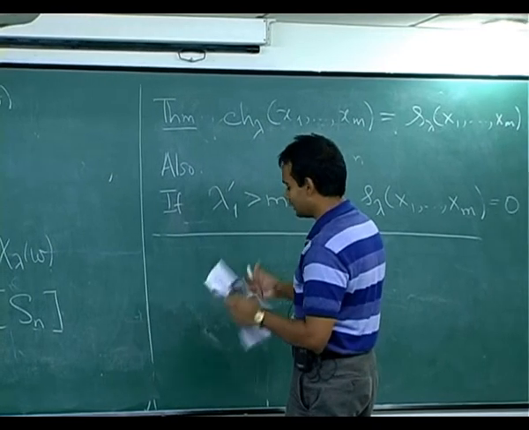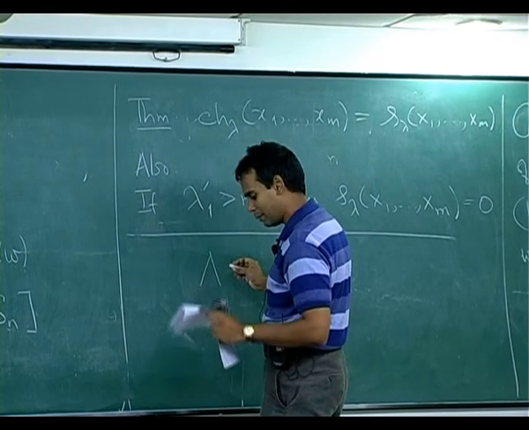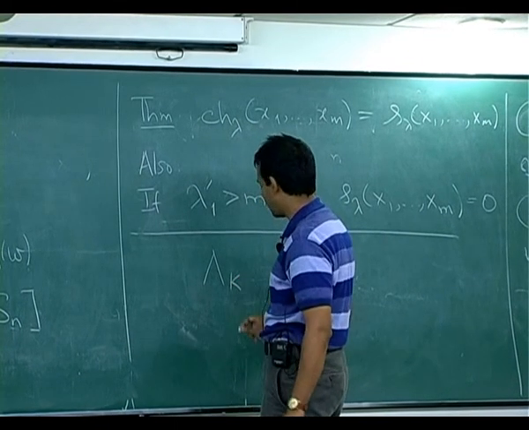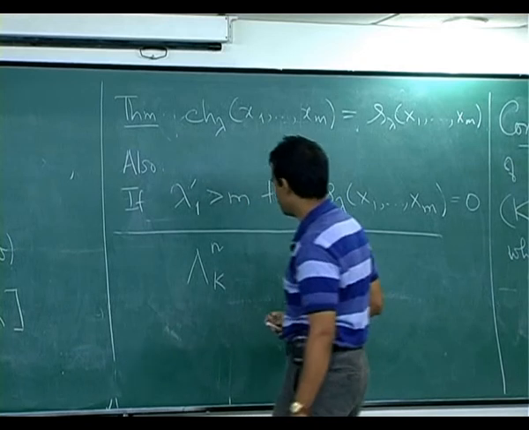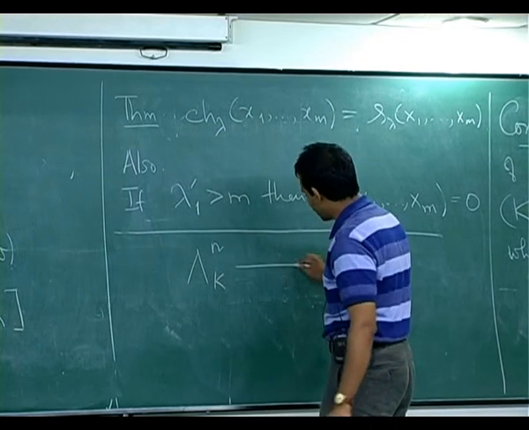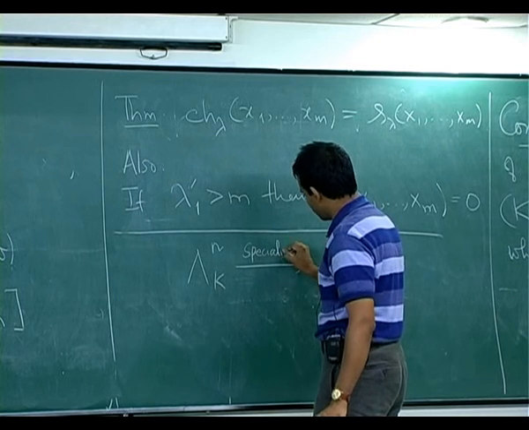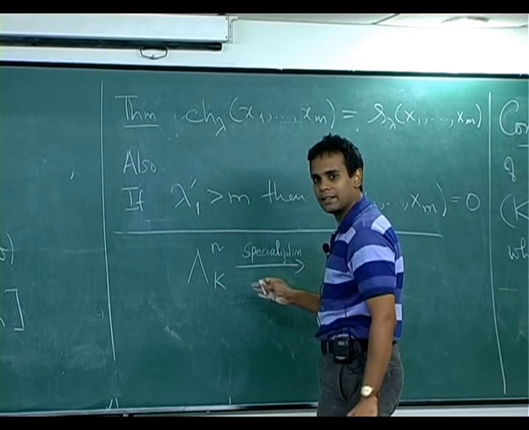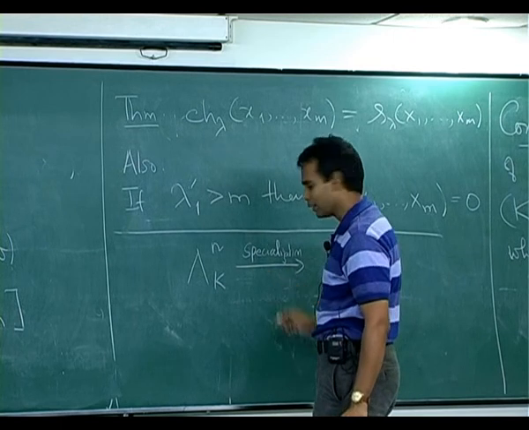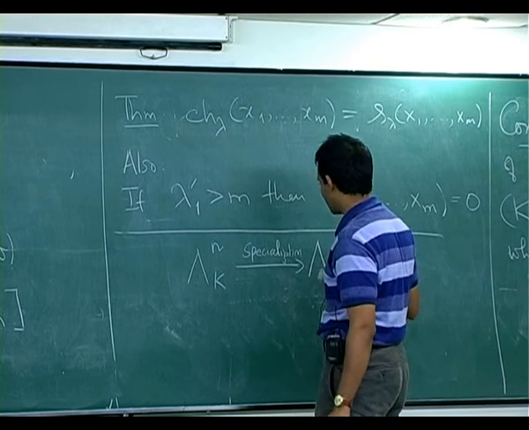See, what is going on here is we have these symmetric functions in infinitely many variables. I will call them lambda K, and I will use n to denote the degree n homogeneous part, and then you have specialization, which means that you keep only m variables and the rest you set to be 0. So, then you get a symmetric function in finitely many variables x1 up to xm.